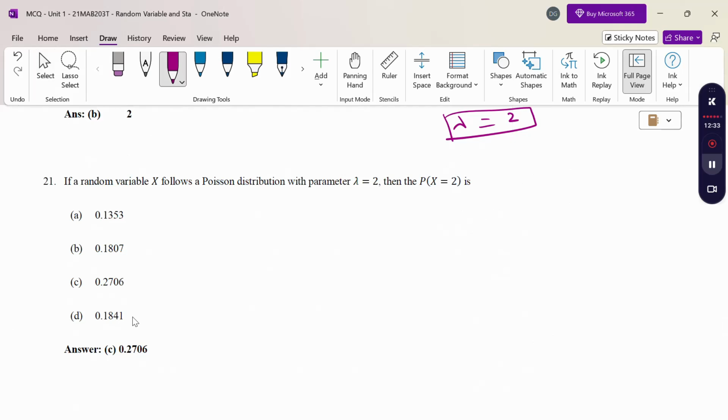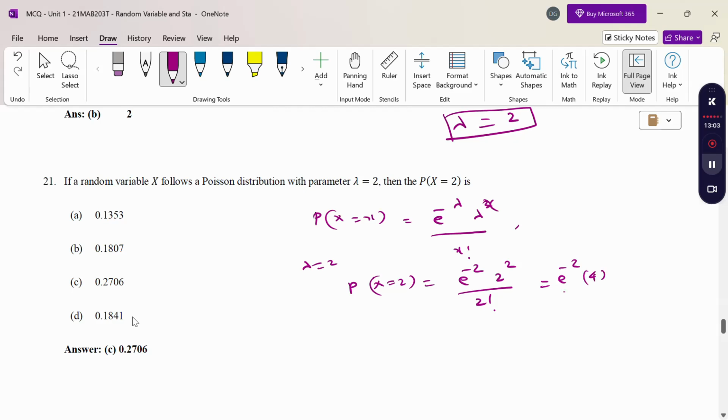If a random variable X follows a Poisson distribution with lambda 2, then what is the probability that X equals 2? The Poisson distribution function is e^(-lambda) lambda^x divided by x factorial. With lambda 2 and x equal to 2, we get e^(-2) 2^2 by 2 factorial, which is e^(-2) times 4 by 2, so 2 e^(-2).